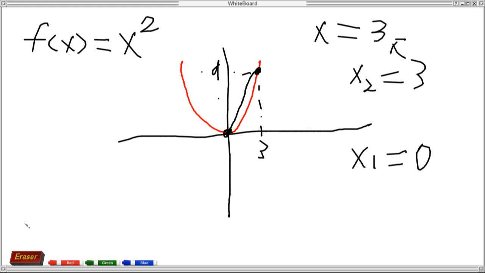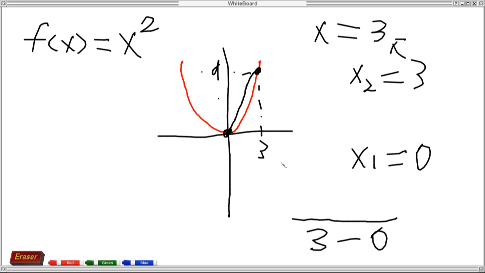Now, let's go ahead and work out the operation of this. We already have x2, which is 3, minus your initial x1, which is 0.